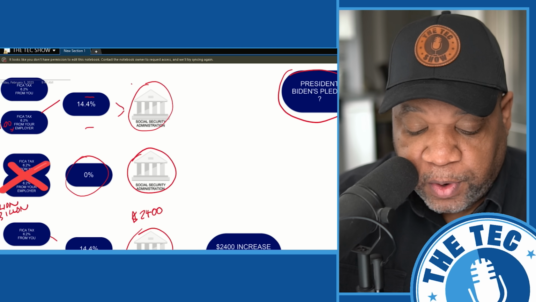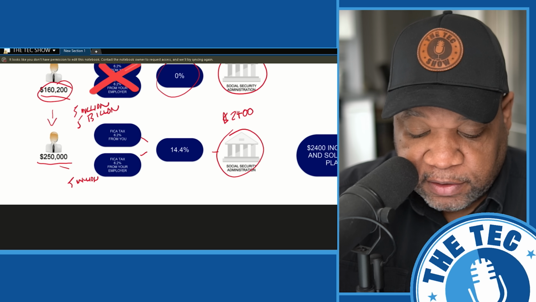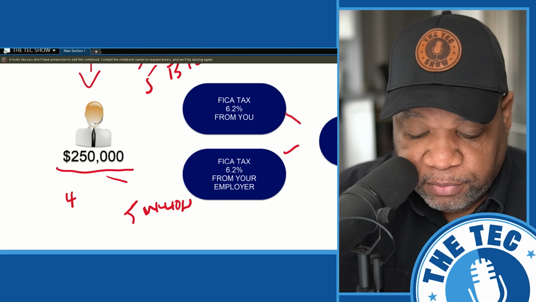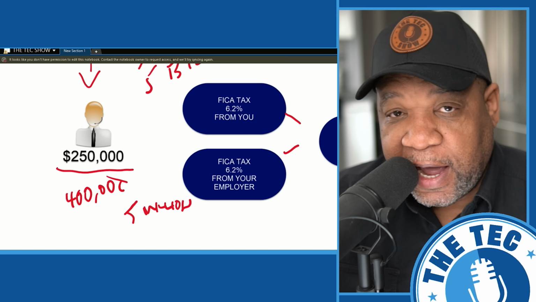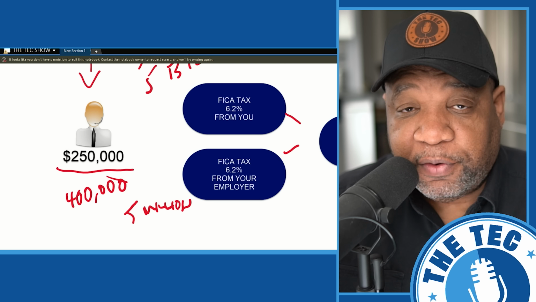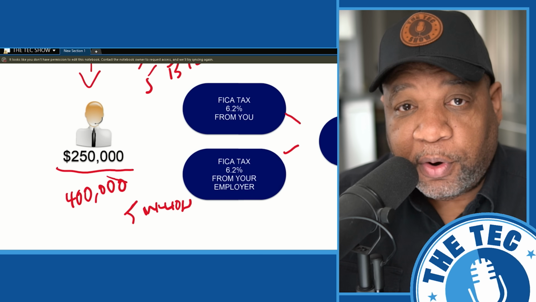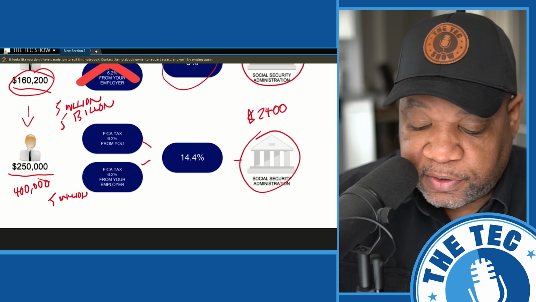Now, one way around this is by changing the $250,000 to $400,000. If you move that up to $400,000, now we're looking at a situation where I think President Biden would be more comfortable with that. So we'd be looking at $400,000 or more. The FICA tax would be collected and go to the Social Security Administration.